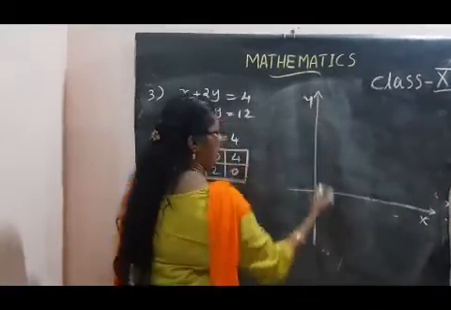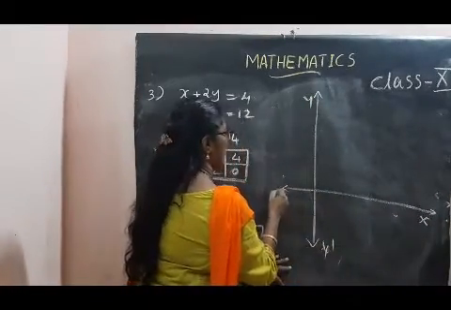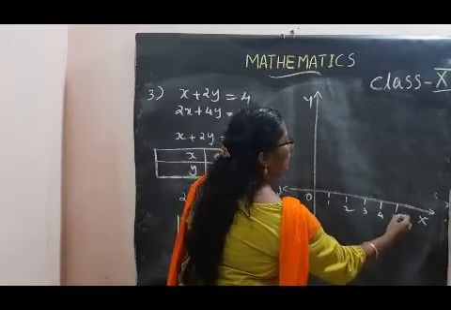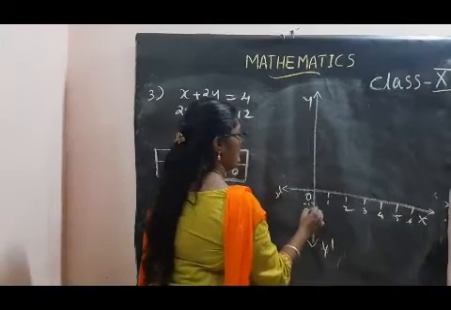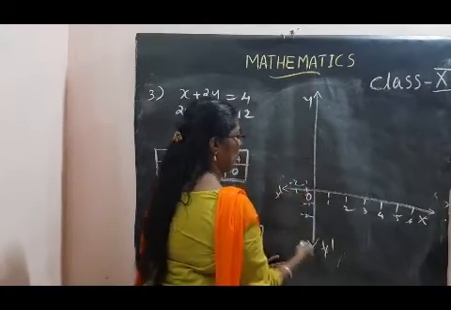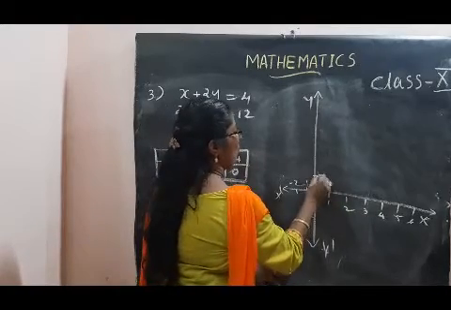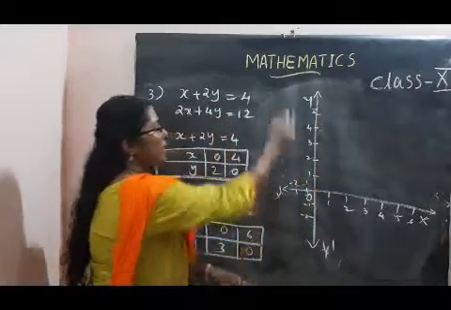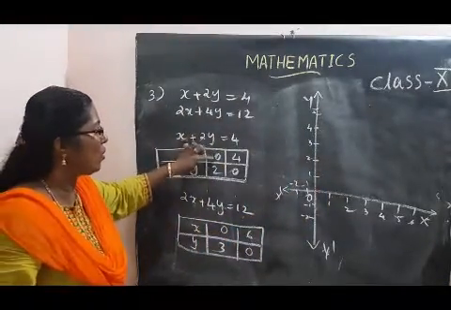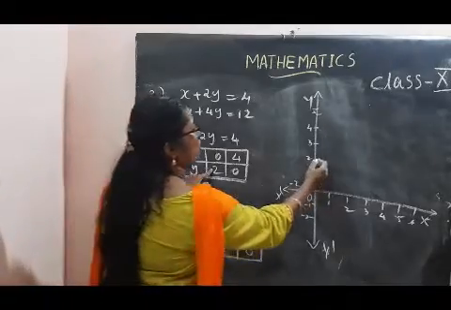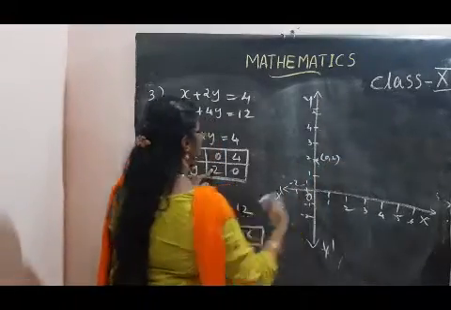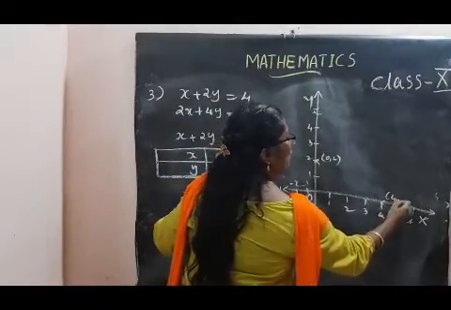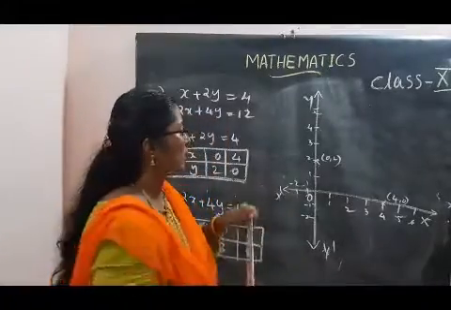On the axes x, y, y dash, x dash, mark 0, 1, 2, 3, 4, 5, 6 and minus 1, minus 2. Here the first one is (0, 2) and the second point (4, 0). Join these 2 points.